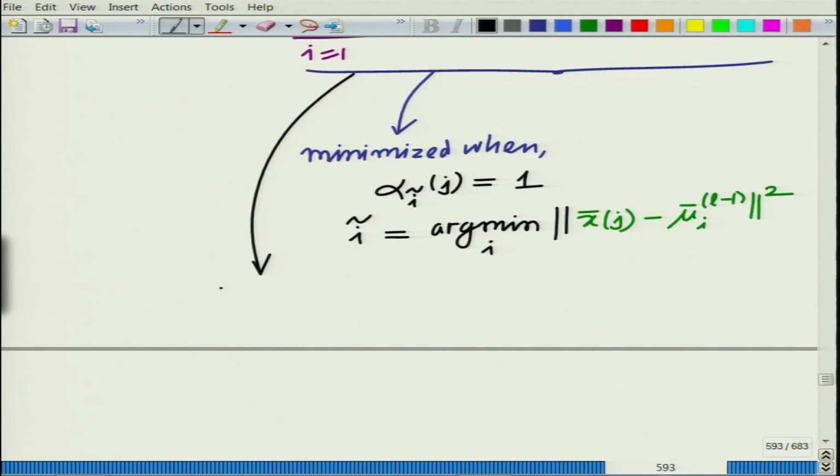So, the technical way to see this is, although it is a little complicated when you look at the mathematics, this is minimized.